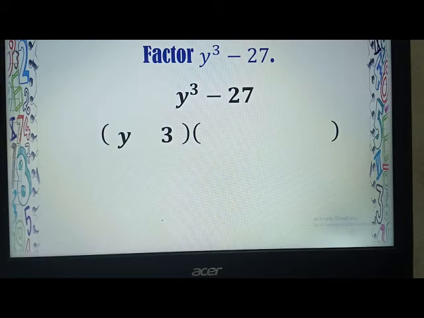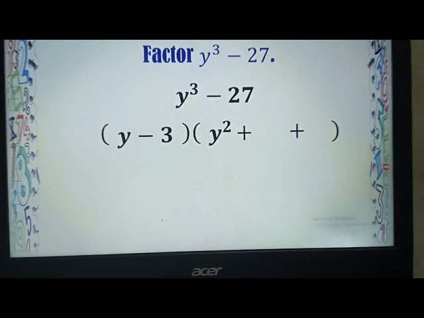Therefore, the cube root of 27 is 3. For the operation of the binomial, simply copy the operation of the given. That is minus, so this is plus, and this is always plus. For the first term of the trinomial factor, we will square y. Squaring y, that is y squared.